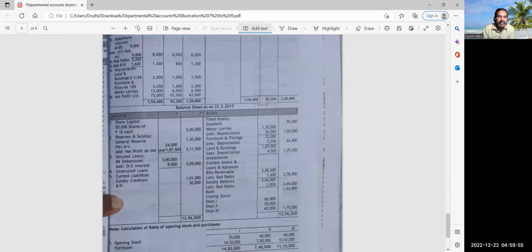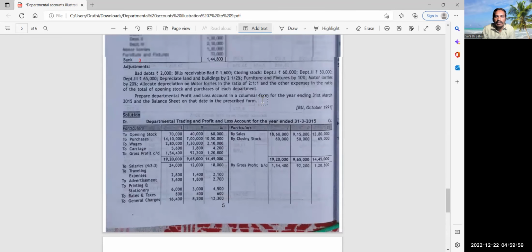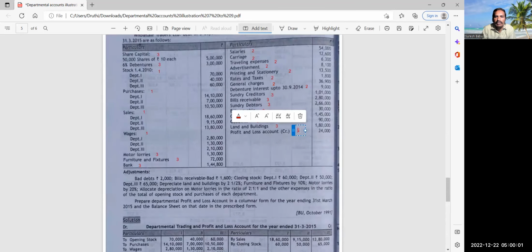Yeah. 24,000, right? Yeah, here there was a mistake. Let me check it, correct it. So this is 3 because that goes to balance sheet. That is previous year's profit. I'm sorry for that. Okay.